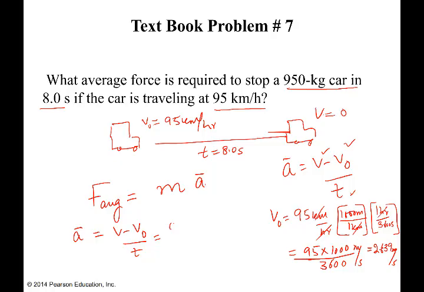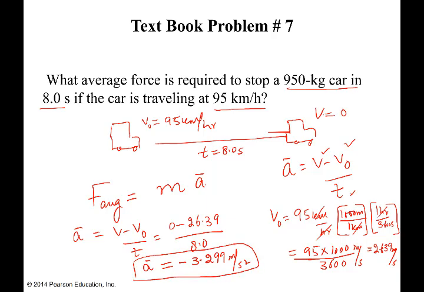So we have 0 minus 26.39 over time, which is 8.0 seconds, which gives the acceleration as minus 3.299 meters per second squared. I'm keeping all the numbers right now because I have to find the force. Let me see if I have room to use another page. No. So we can go ahead and solve the remaining problem here.